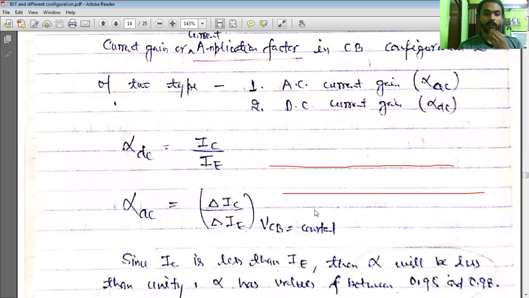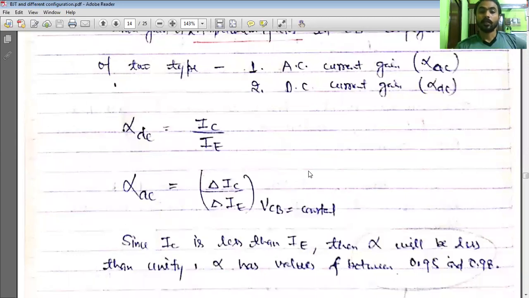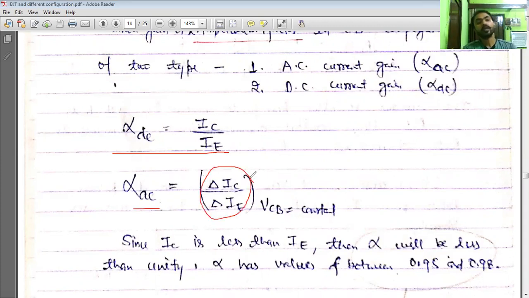So now we are ending our lecture. You have to remember that we have two types of current gain. One is the DC, where we have the absolute values IC and IE, and the other is the AC current gain, where we have the change in IC and the change in IE due to the change in the output voltage.